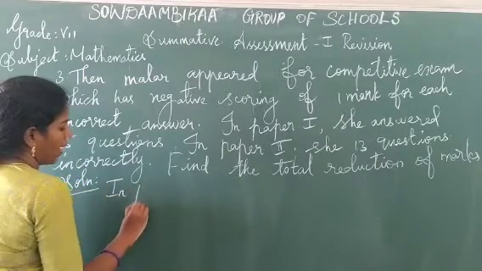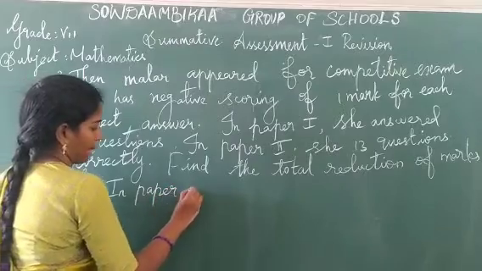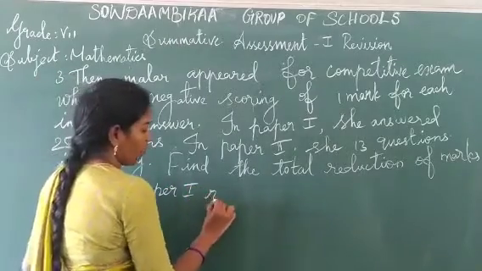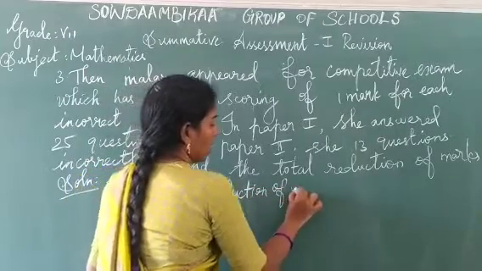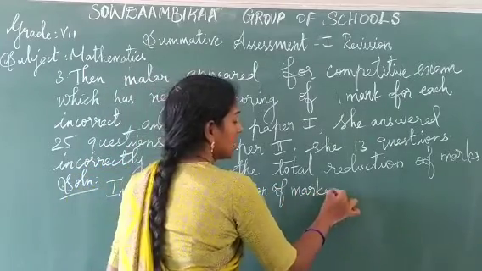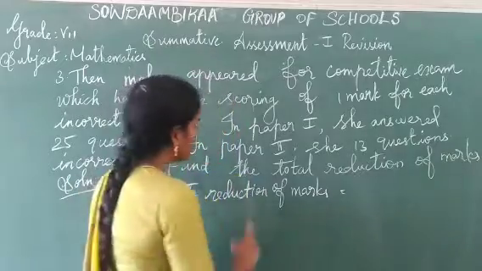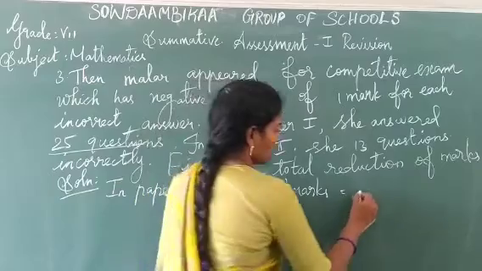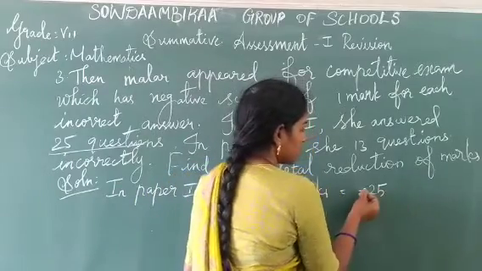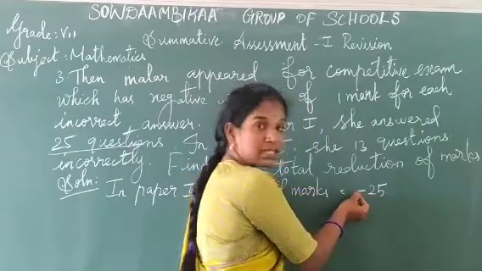In paper 1, reduction of marks, that is incorrect answers. How many marks? 25 questions, so we put minus 25. This sign indicates the reduction.